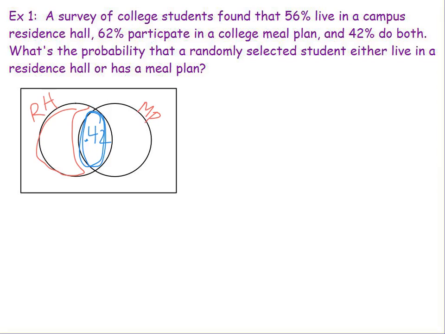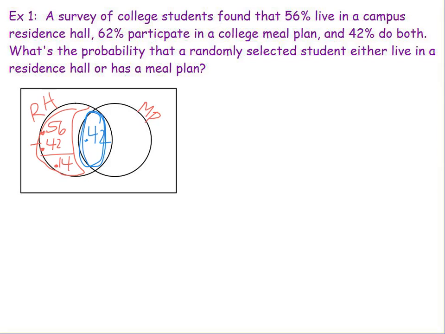So in order to figure out the people who only live in the residence hall, we need to take that 0.56, subtract the 0.42 that belongs in the middle, and that leaves us with 0.14. So 14% live only in a residence hall.